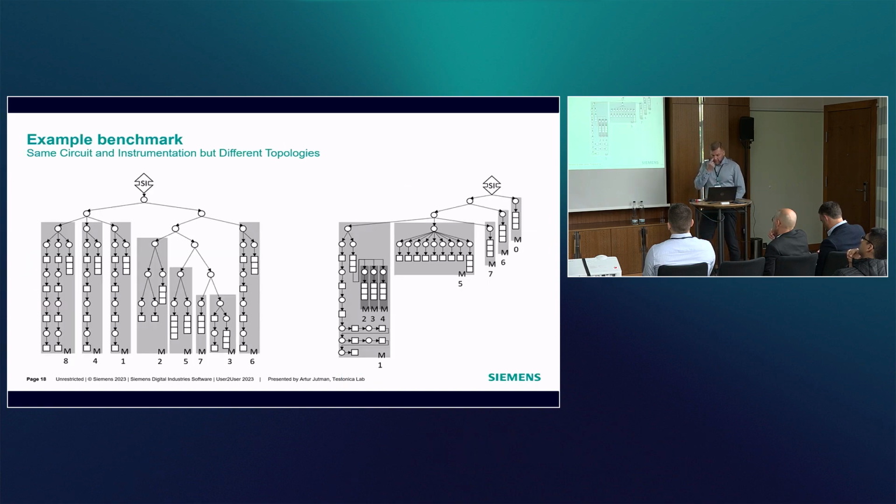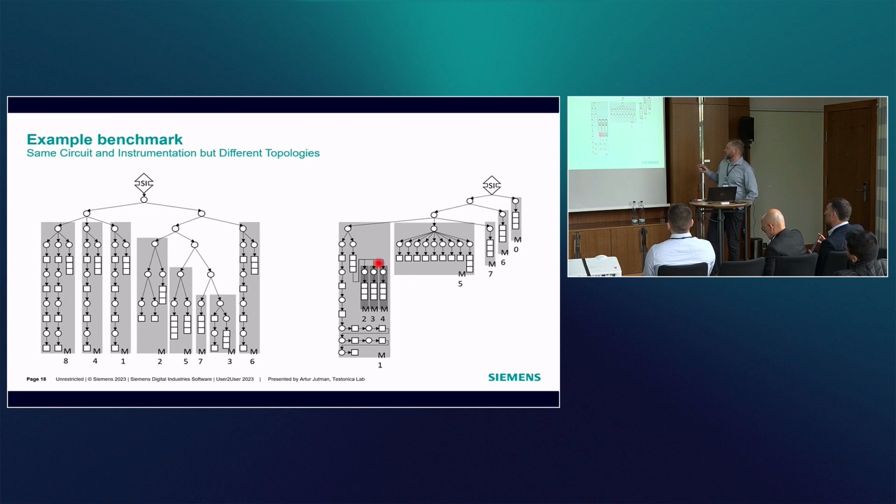There's a simple example of different topologies: the same circuit with exactly the same collection of instruments, connected in different topologies, providing also a different access time to particular instruments.